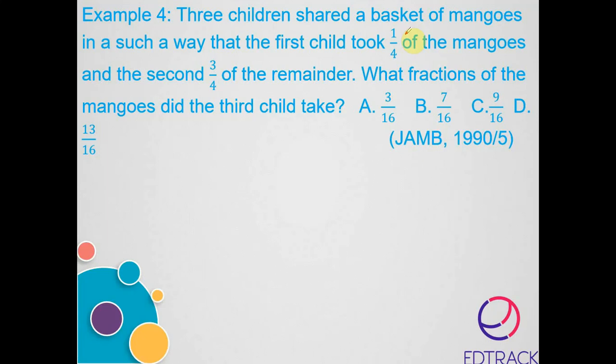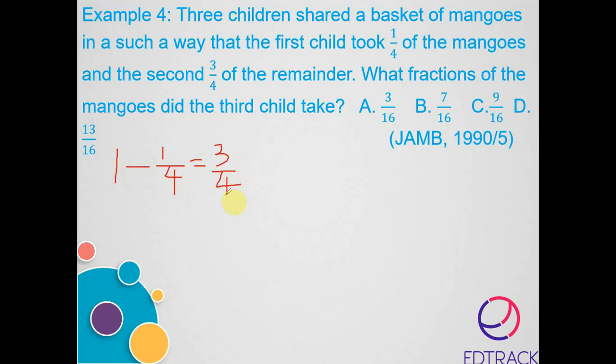Now, if you look at this example, comparing it to the other side, I told you that the first thing you need to do is to use 1 to represent the whole basket of mangoes, then take away the particular thing that was removed, then move on to solving. So 1 minus 1/4, you will see that the answer is 3/4.